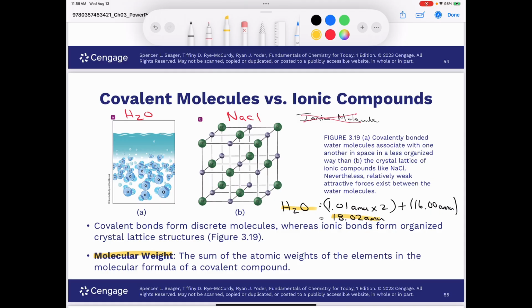And that would be the molecular weight of water, okay? You could practice it if you were to try carbon dioxide. I'm kind of running out of space here, but CO2 has a molecular weight of a little bit more than 44 atomic mass units if you want to practice that, right? You've got 1 carbon, which is 12, 2 oxygens, which are 16, so that gives you around 44.